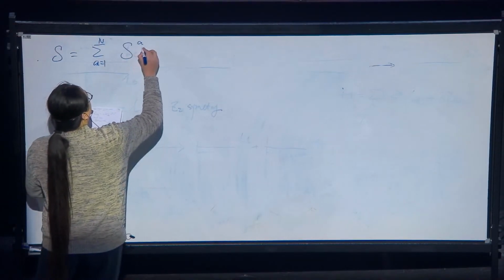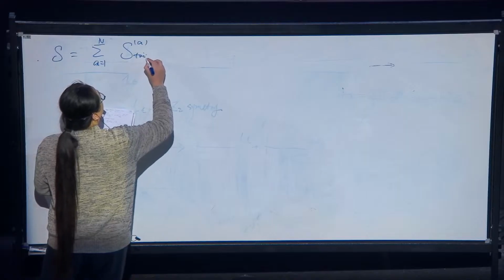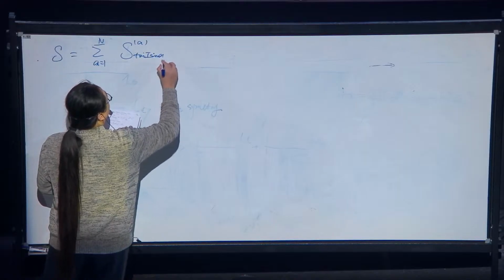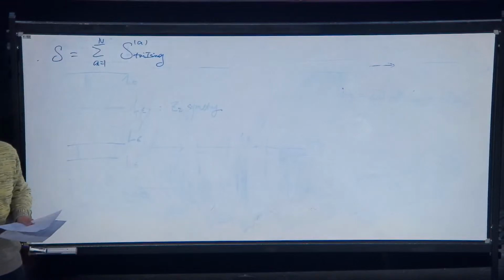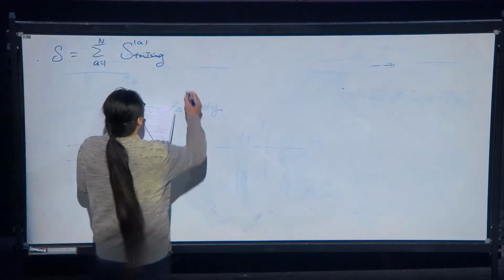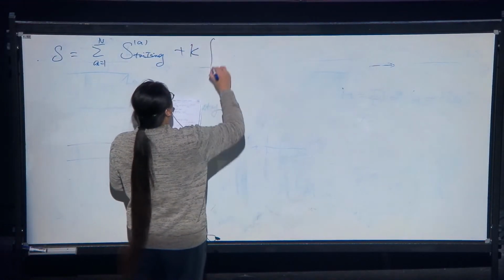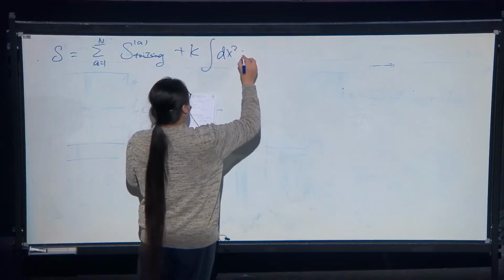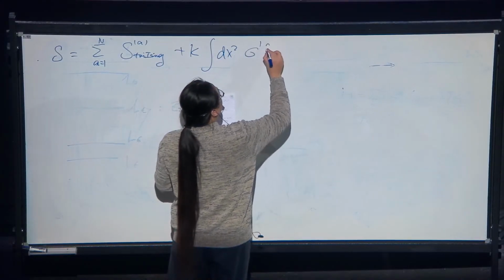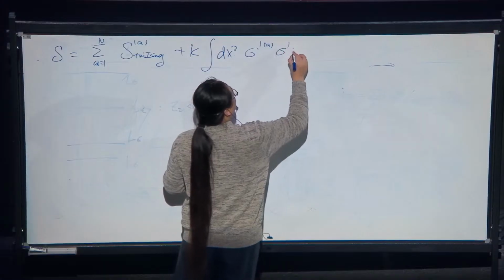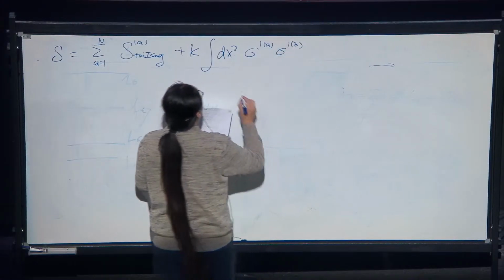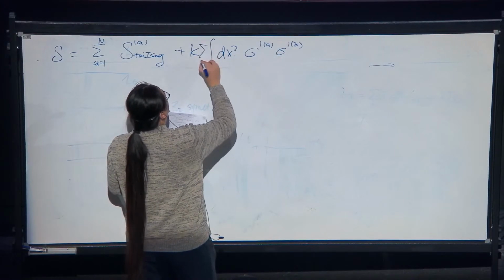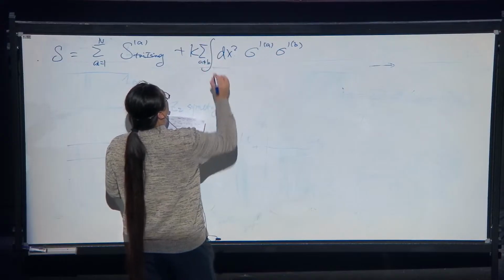I'm writing n copies of the tricritical Ising model. Just schematically, this is the CFT action. But I want to deform it by a coupling which is called K, integral d^2x sigma prime of the A copy, sigma prime of the B copy. And I want to sum over A not equal to B pairs.